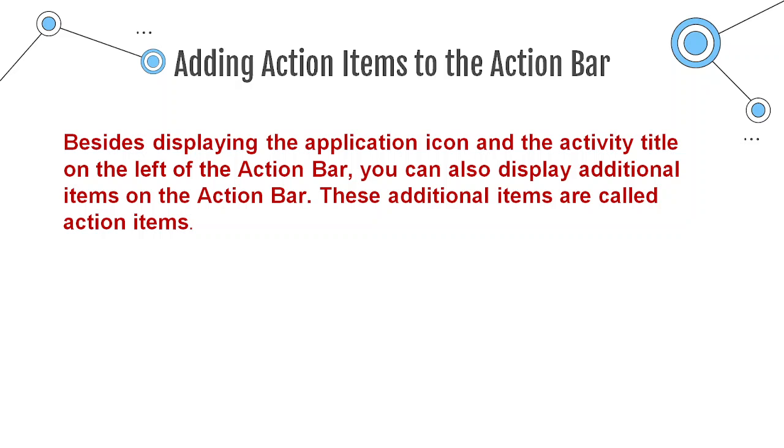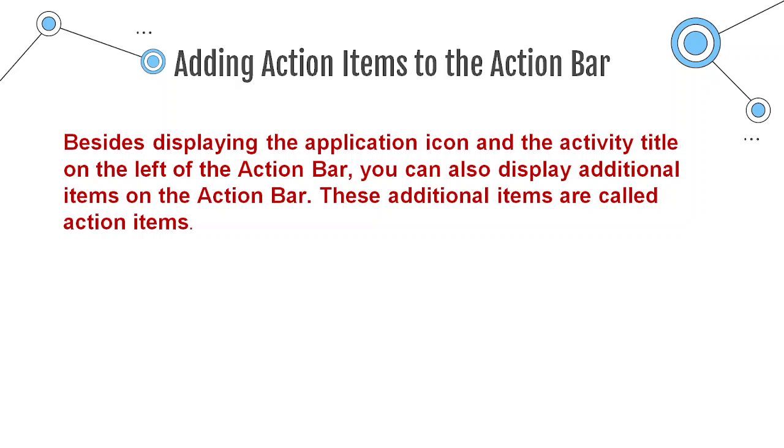So as we have seen just before, action items are the items that are added to the action bar at the right hand side. So what are the action items that can be added? A menu can be added, a search icon can be added, a navigation bar can be added.